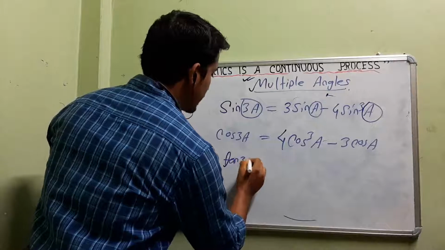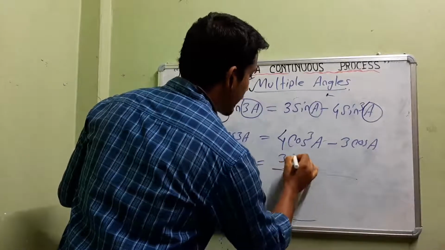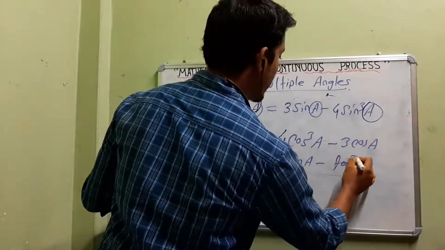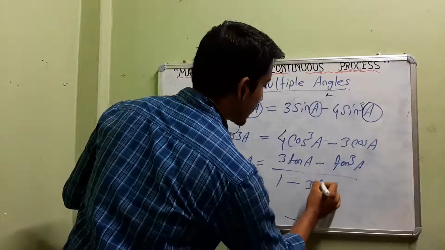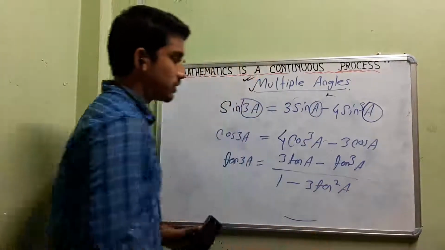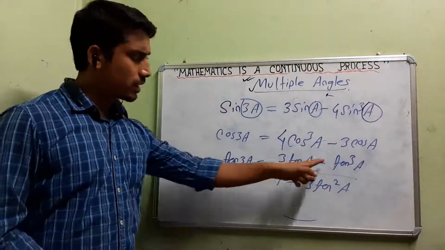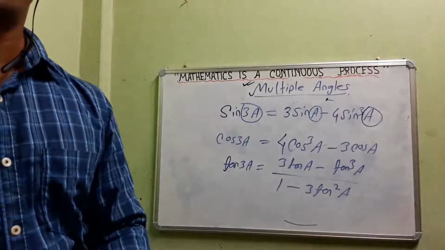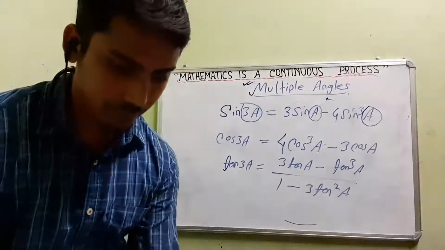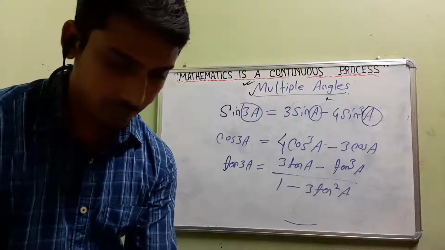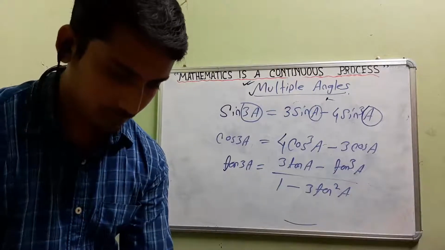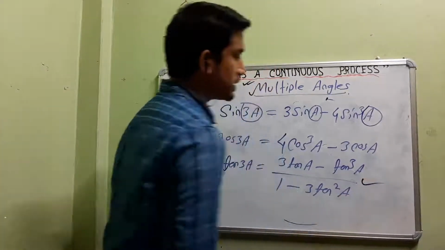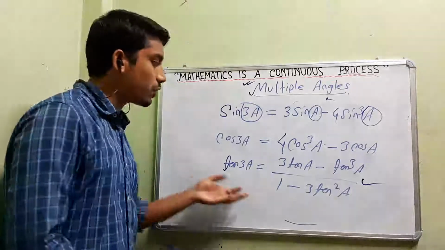The formula for tan 3A is 3 tan A minus tan cube A, divided by 1 minus 3 tan square A. Let me check, there may be a 4. Yeah, it's right only. 3 tan A minus tan cube A divided by 1 minus 3 tan square A. This is the formula for tan 3A.